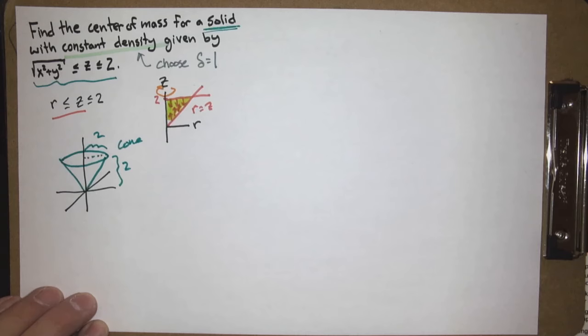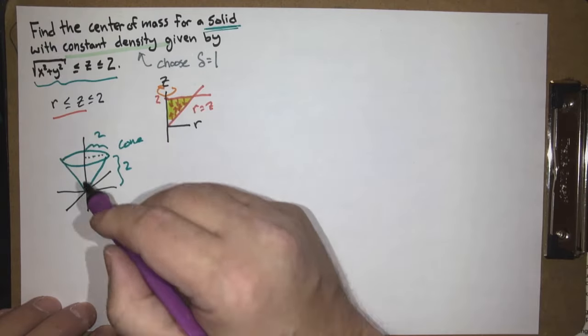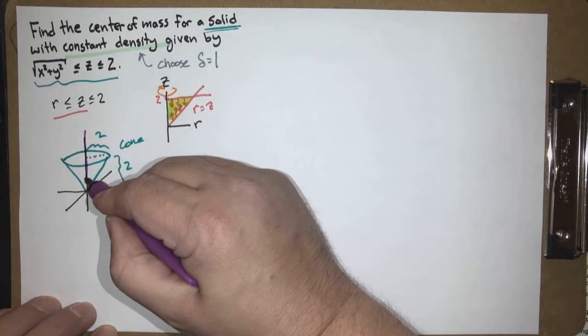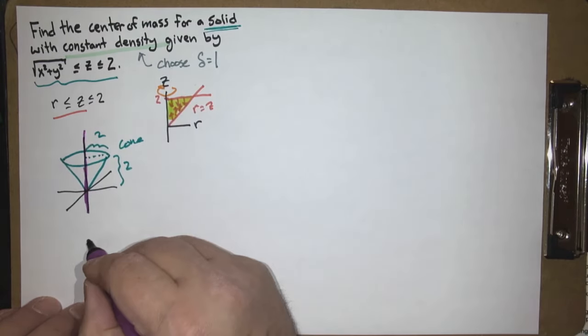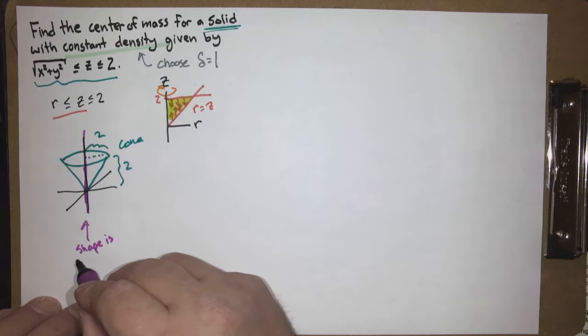We have to find the center of mass. Can we make it a little bit simpler on ourselves in any way? There's a couple of ways we can make it simpler, but one way would be helpful. Do you notice anything about the cone? Symmetrical. Symmetrical where? It's symmetrical around z. So the shape is symmetrical around the z-axis.